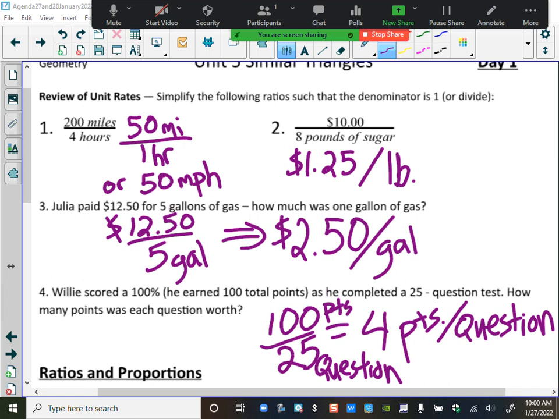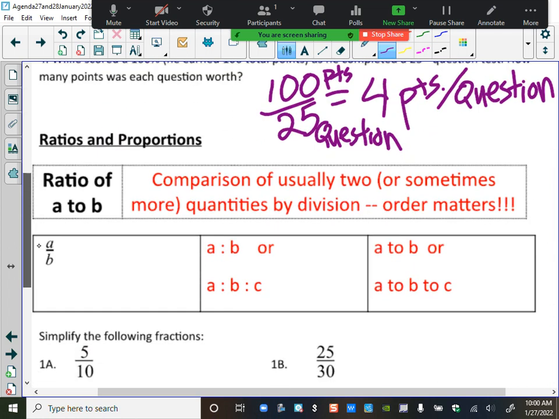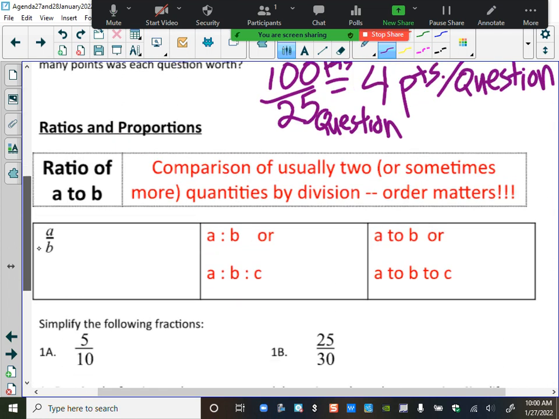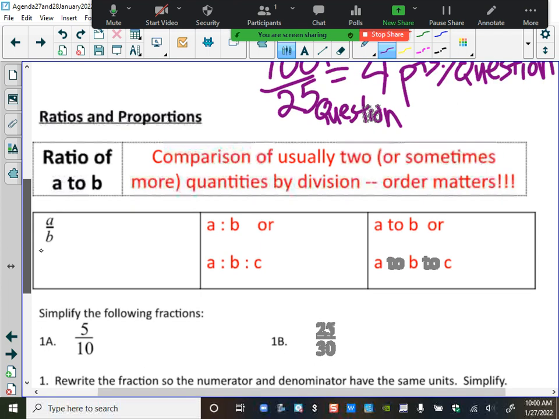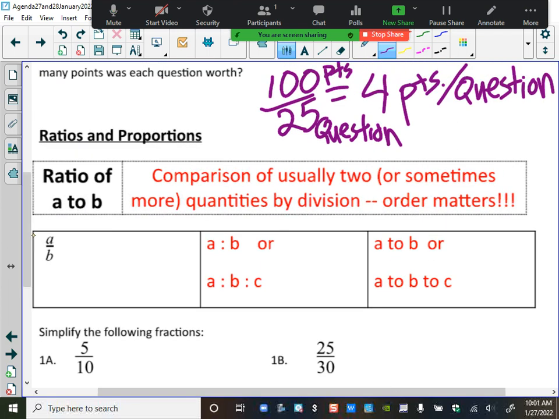All right. So let's talk about ratios and proportions. And actually, you might have seen some of this before. Ratio and proportion is sort of similar to reducing a fraction to the lowest common denominator. Now, here's the one difference though.